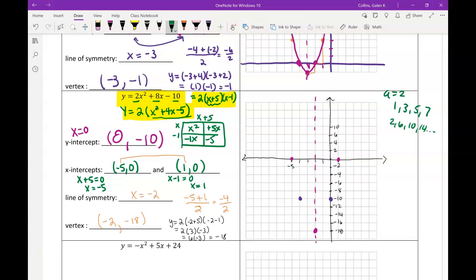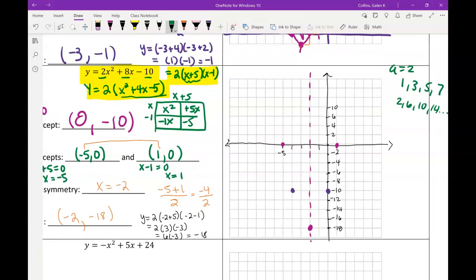So when it looks like I'm going over 1 up 1, remember I'm really going over 1 up 2 because I counted by twos on my y-axis. So it looks like my next point is over 1 up 3, but it's really over 1 up 6 because I'm going from -16 up to -10. So for a second there I was like, oh my gosh, did we make a mistake? But no, because I scaled the y-axis by twos.